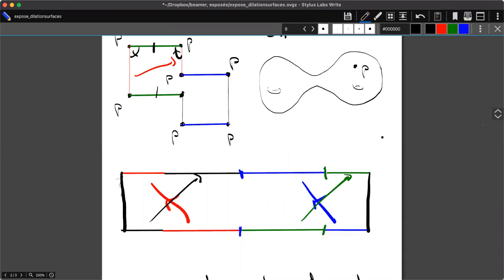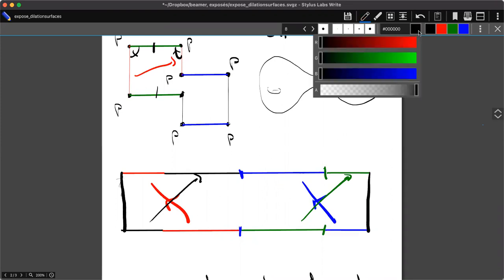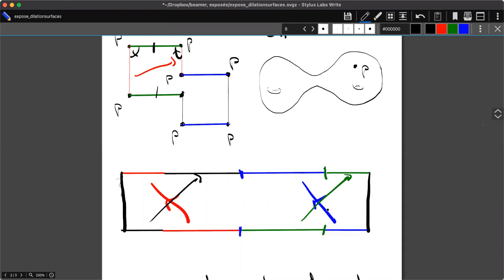To glue the sides of this polygon, I just use dilation maps, affine maps of the plane. And finally, I close this one with this one with a translation. So from an interval exchange, I can define a dilation surface, just looking at it in this very special way that I represented it.